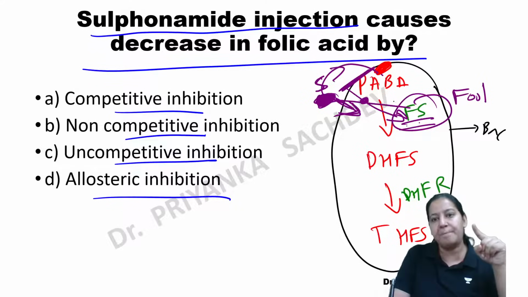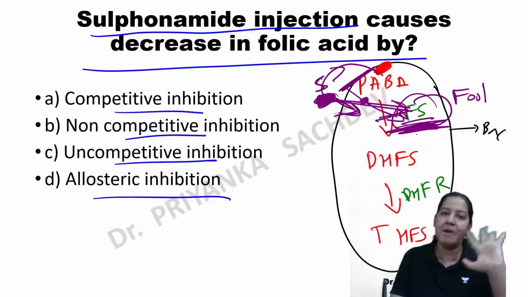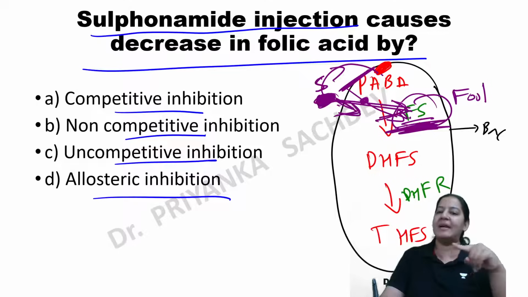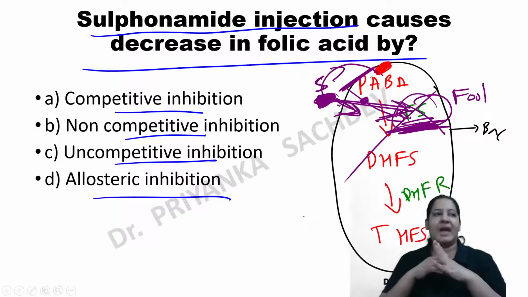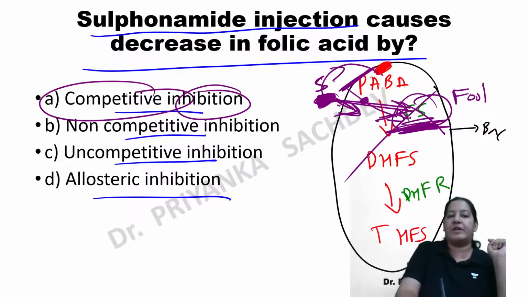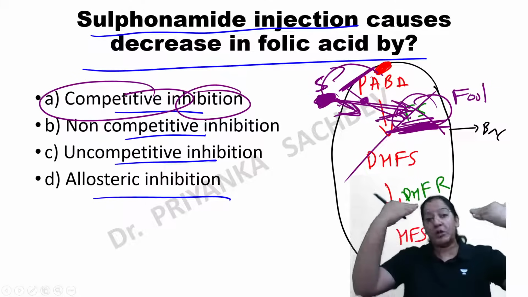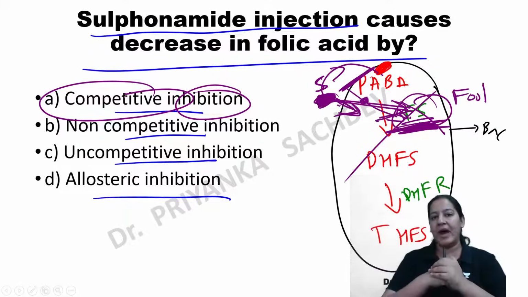This sulfonamide will bind with the folate synthase, and once it binds, the enzyme will come to know that this is not PABA, I got fooled, and it will be inhibited. So this is the complete mechanism, right? You got my point. The inhibition is competitive because there is a competition between sulfonamide and PABA over who will bind with folate synthase, right?